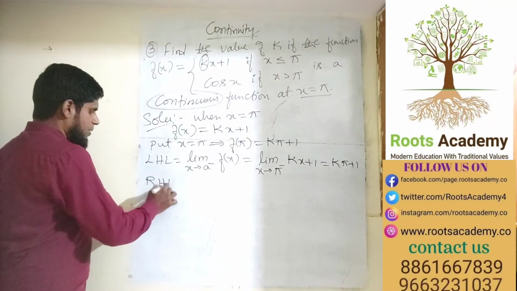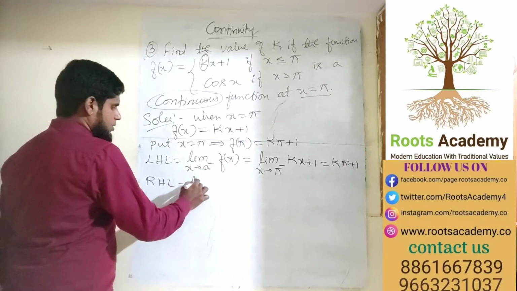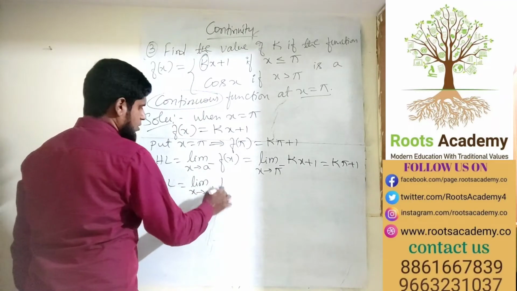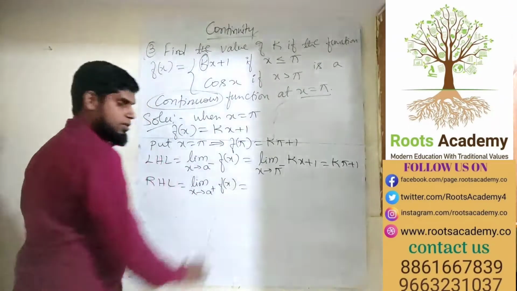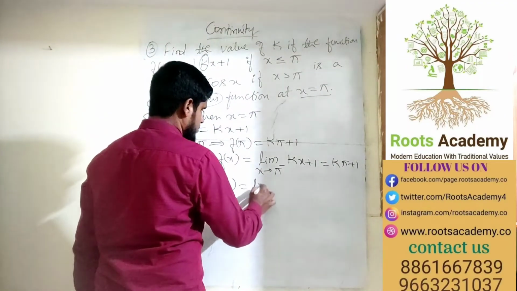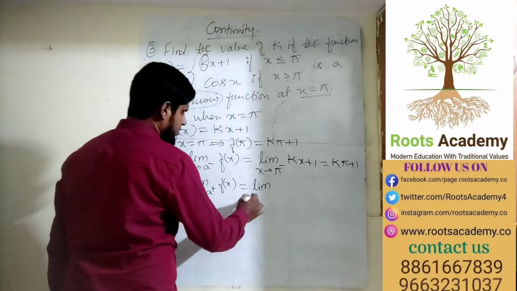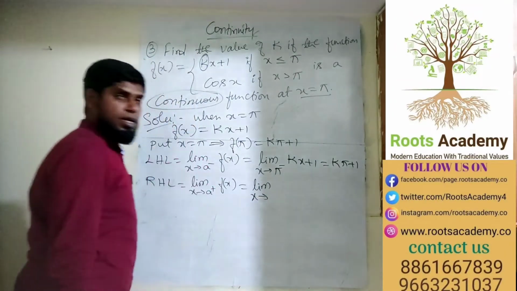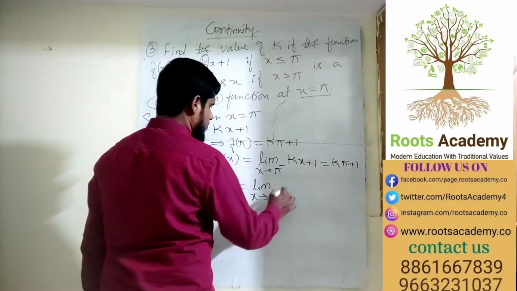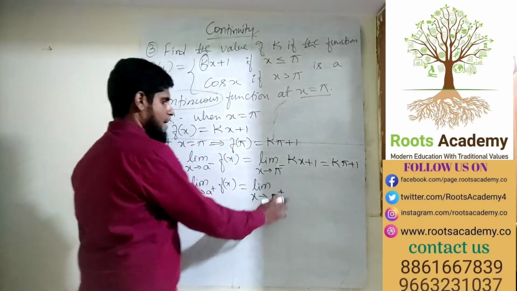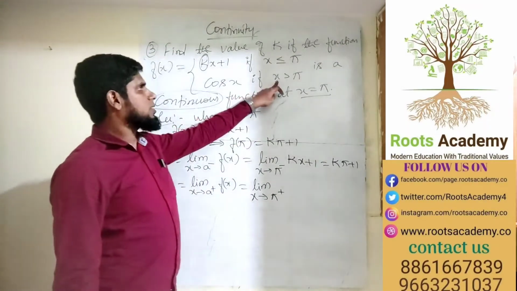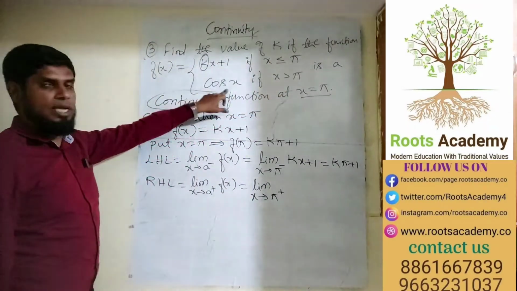Next, the right hand limit is equal to limit x tends to a plus f of x, which is equal to limit x tends to pi plus. For the right hand limit, student, this time the function is cos x.